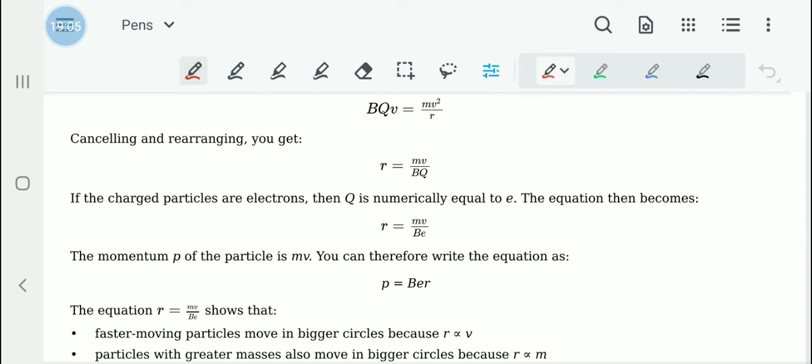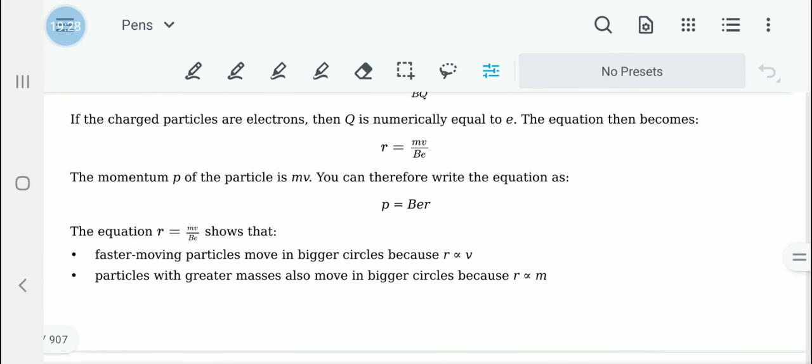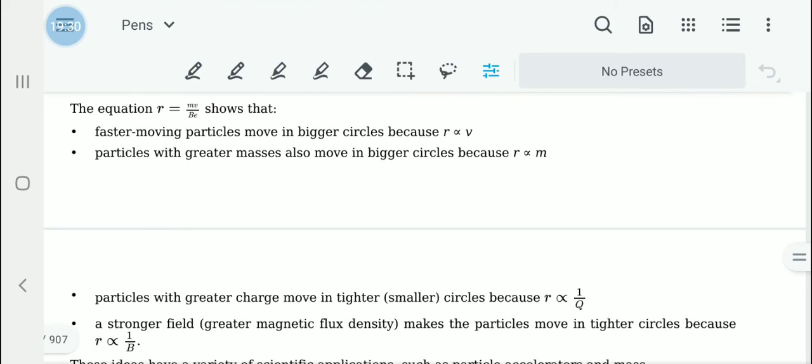Then if you move this B to this side, you will get mv equals BER, but because mv is equal to momentum P, you get P equals BER. That also you write down. The momentum P of a particle is mv. Therefore, P equals BER.